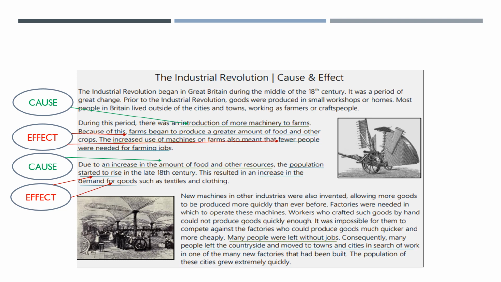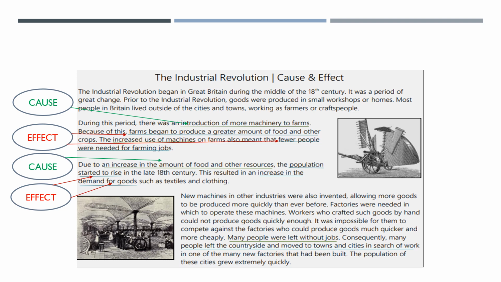In this paragraph, the cause is the introduction of more machinery to farms. The linking words are because of this, and the effect is that farms began to produce a greater amount of food and other crops, and fewer people were needed for farming jobs.